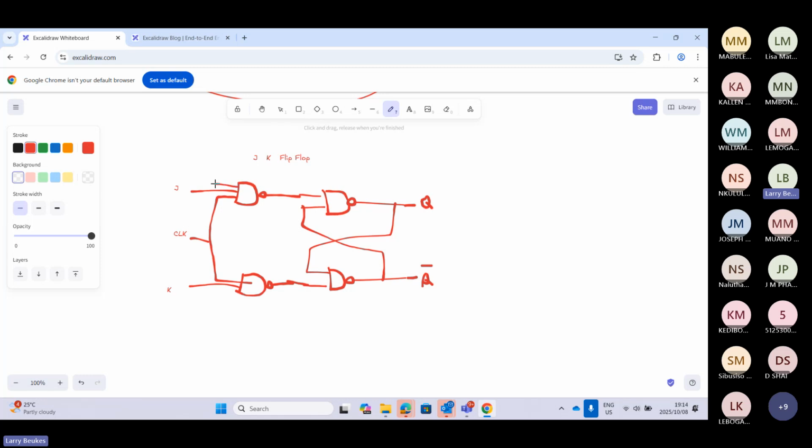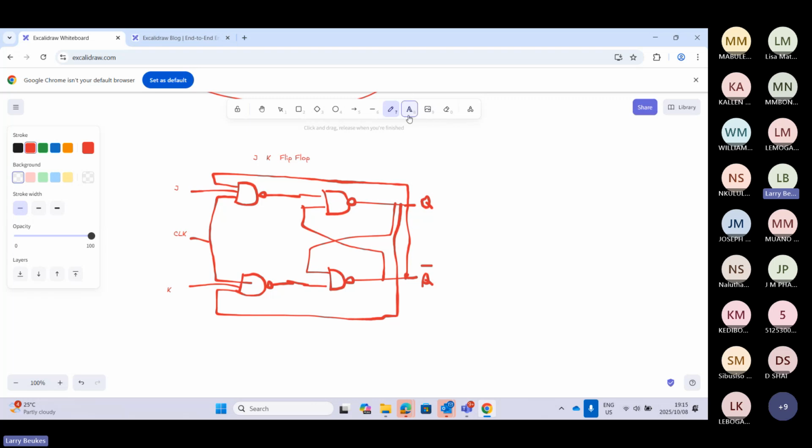So this one, we know it comes here. And then this one will come all the way to here. So this is basically our JK flip-flop, right?